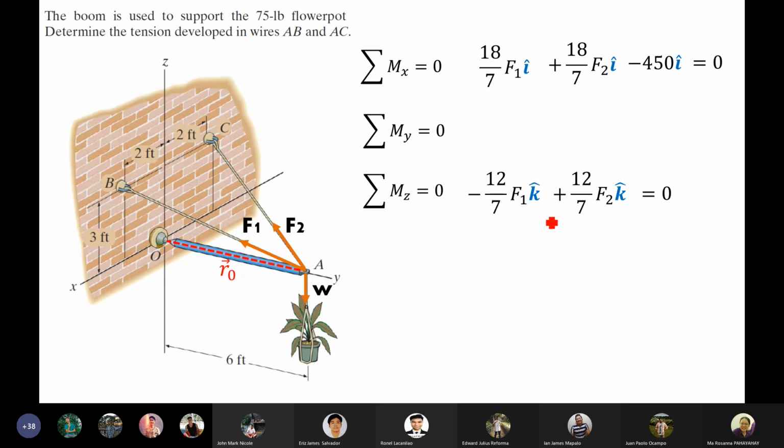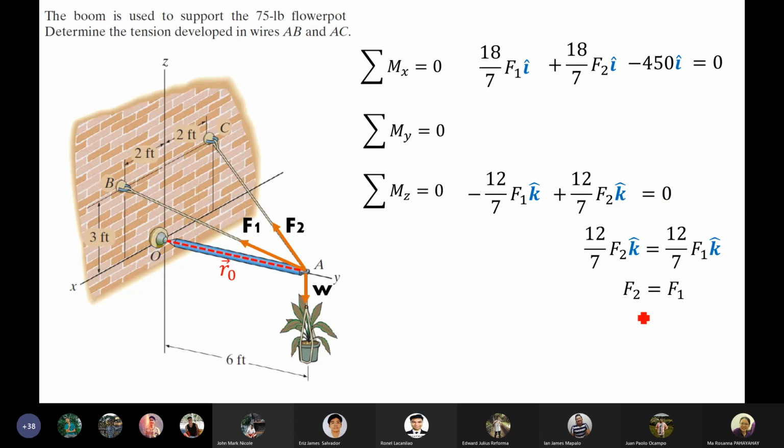Using this, we can say that 12 over 7 F2 K hat is just equal to 12 over 7 F1 K hat. Since we can cancel out the 12 over 7 and also the K hat, it means F2 is just equal to F1 in this case.